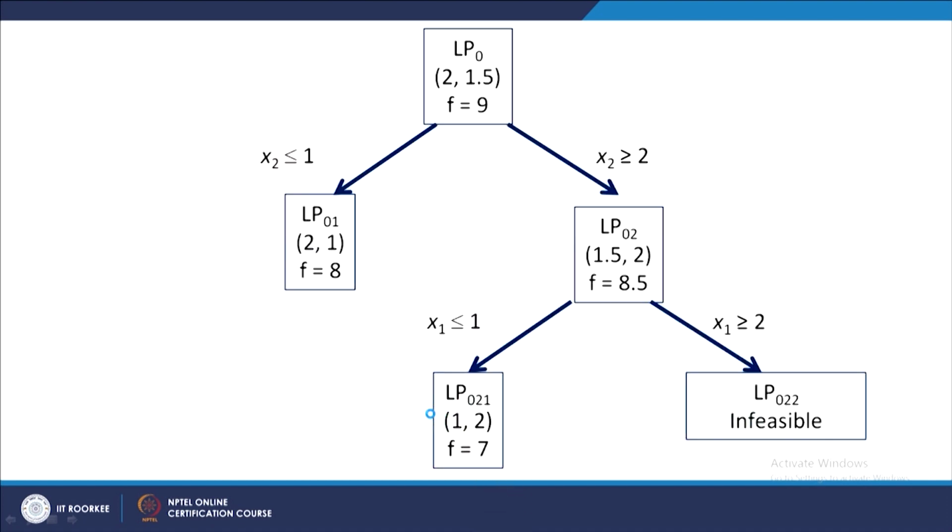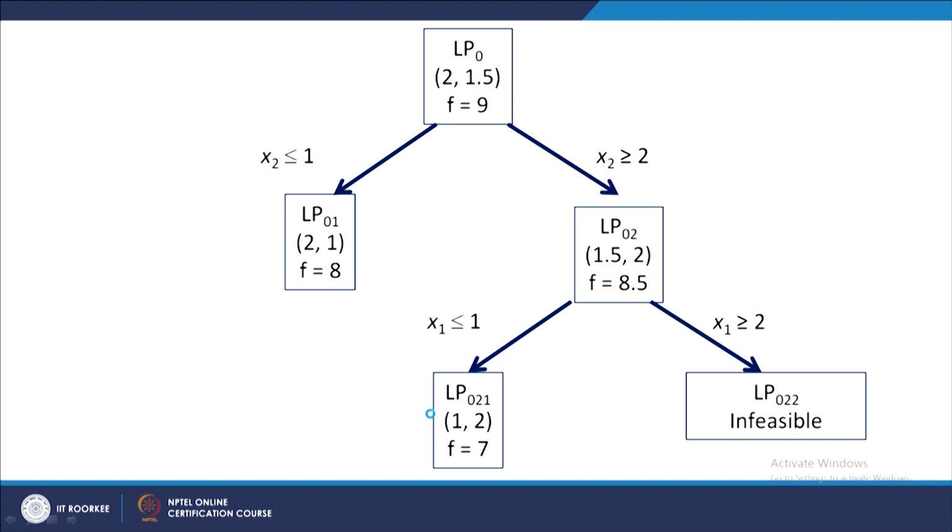So the entire thing we can represent in this diagram. Starting from LP0, we have written down the nodes and the constraints that were imposed to get the various LPs, and we find that the last node, that is LP022, is infeasible, and LP021 has the solution 1 comma 2 with objective function 7, and LP01 has the solution 2 comma 1 and objective function 8.